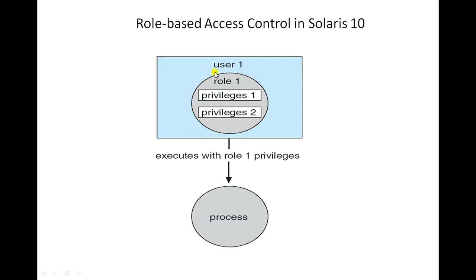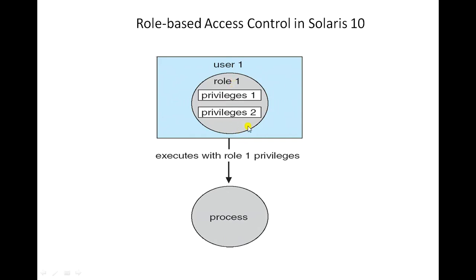Let us take a particular user, say user 1. For user 1, we define a role called role 1. Hence it is called role-based access control. For a particular user, a role is defined, say role 1, with a set of privileges. For example, you will have privilege 1 and privilege 2, and these privileges are assigned to the processes by the user.